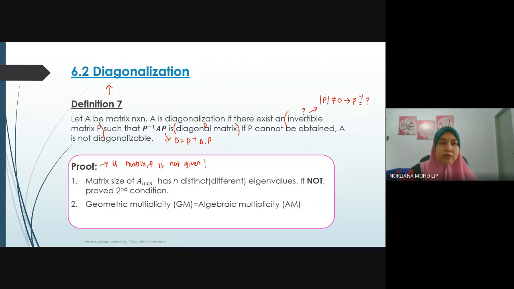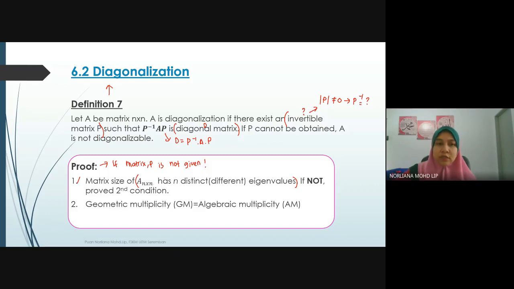The first condition is that matrix A of size n times n must have n distinct, or different, eigenvalues.